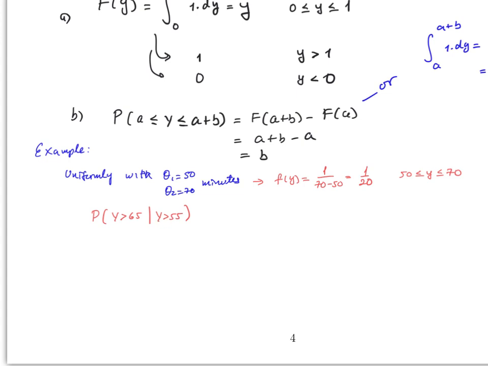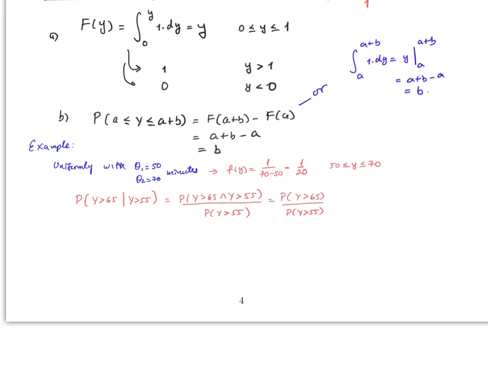So by the conditional probability formula, this should be the probability that y is greater than 65 and y is greater than 55, divided by the probability that y is greater than 55, which is the probability that y is greater than 65 over the probability that y is greater than 55.